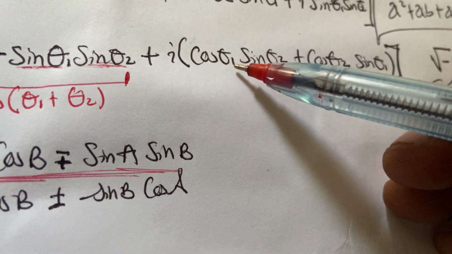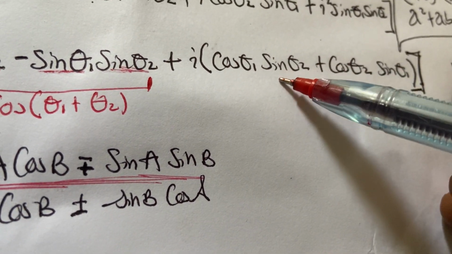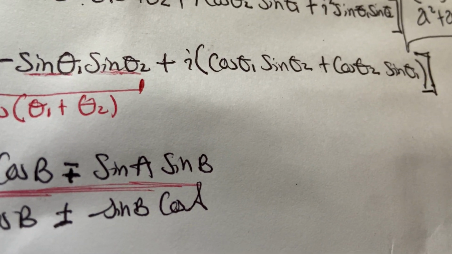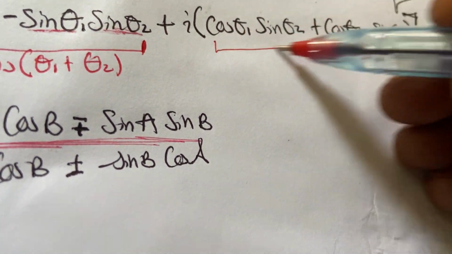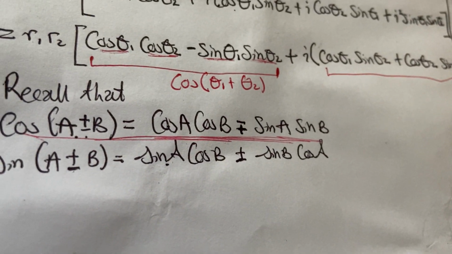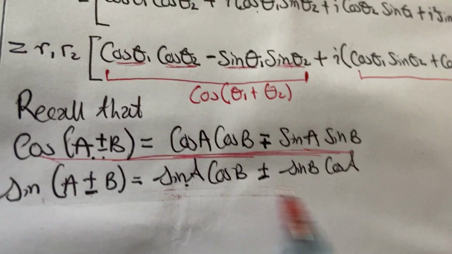Alright, let's look at this. We're having cos theta 1 sine theta 2 plus cos theta 2 sine theta 1. Which of these two is applicable to this? It's this.